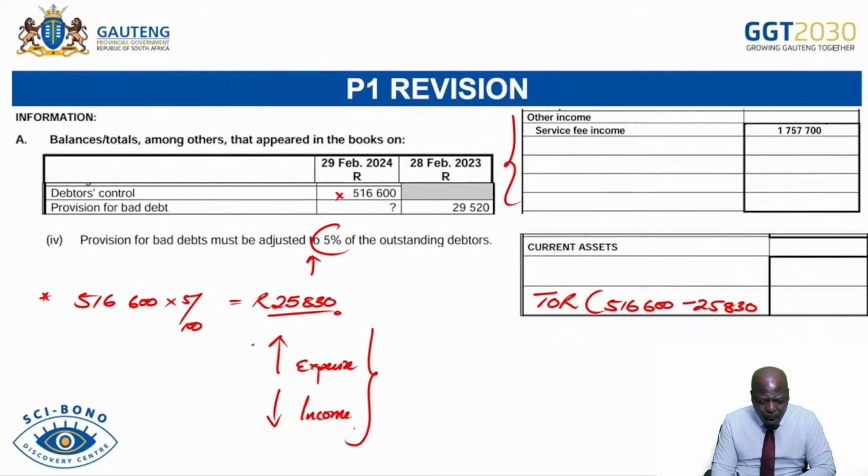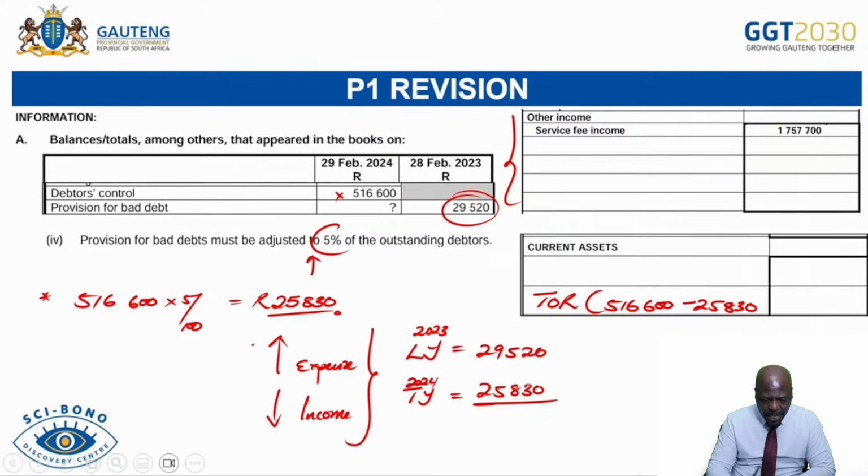How do I know whether it has increased or decreased? You simply say the previous year's amount. We are talking 2023. The 2023 provision for bad debts was 29,520. And this year, 2024, the provision for bad debts is 25,830.